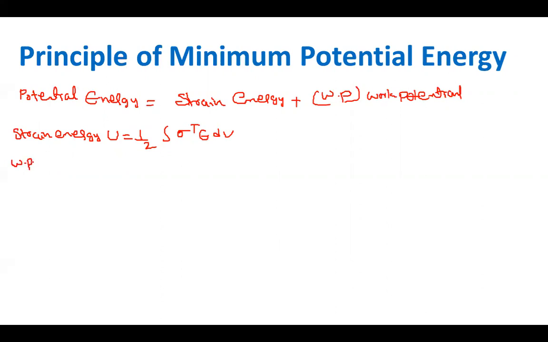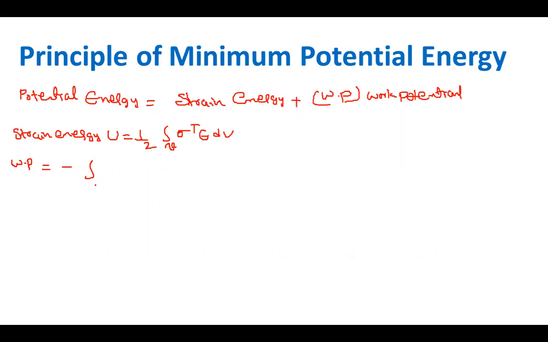Now I am going to define what would be the work potential. The work potential WP can be defined as a minus of the integral of, see here, the strain energy, which is half into the integral of sigma transpose epsilon into dV, and this is the volume integral.